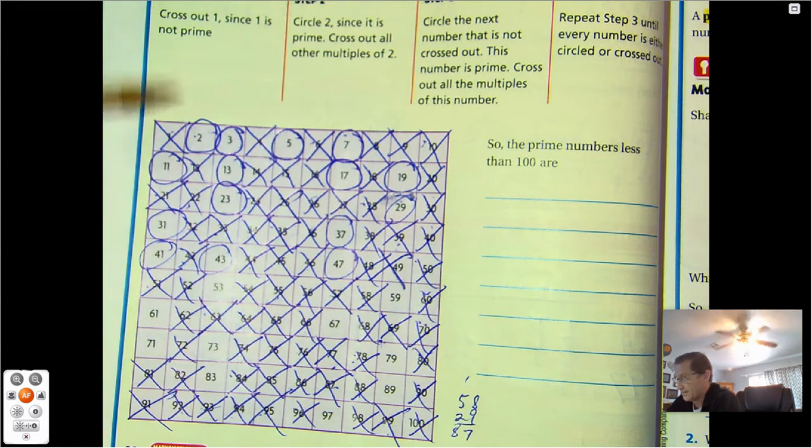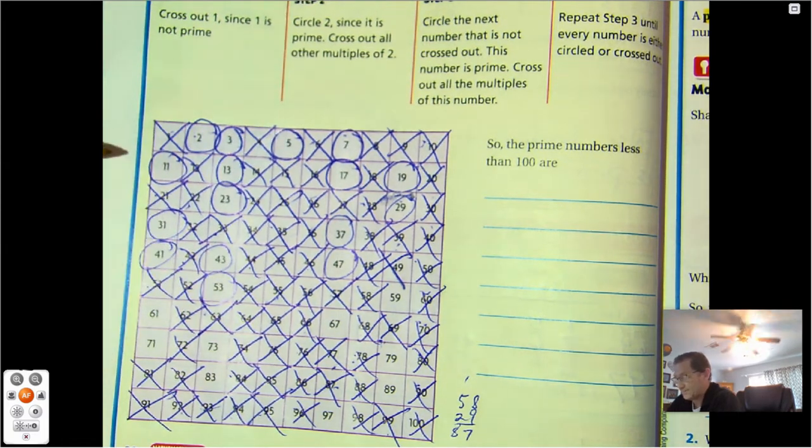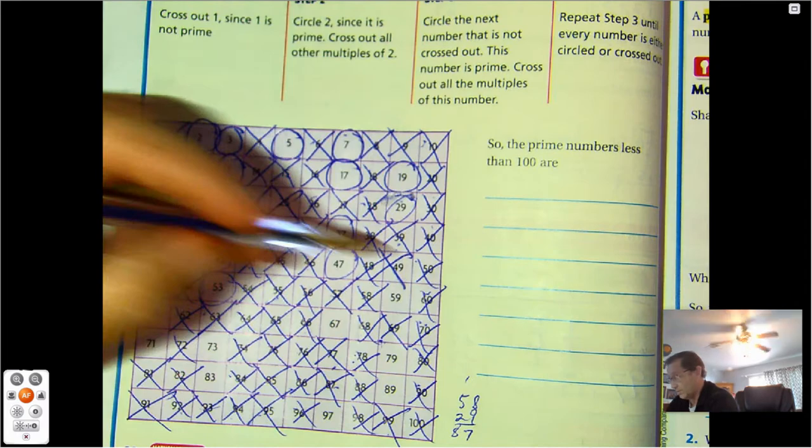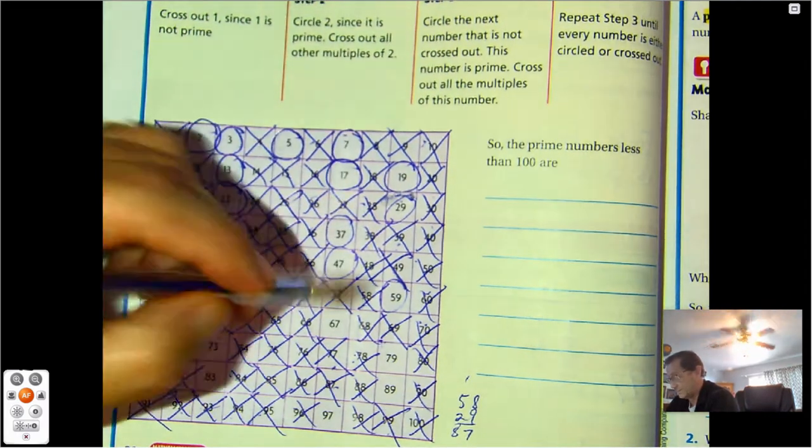Well, now none of these can be multiples as far as up to 100. So 53, 59, 61, 67, 71, 73, 79, 83, 89, 97. Those are all prime numbers.